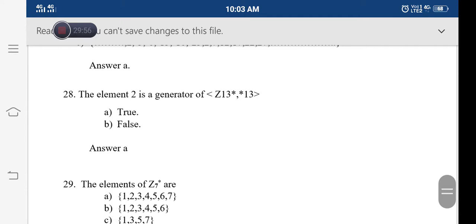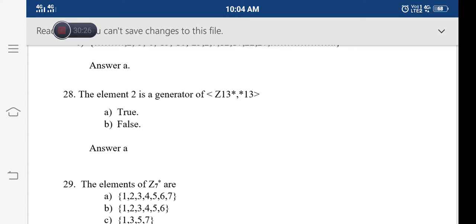Next question. The element 2 is a generator of Z13 star. The answer is true. To check whether 2 is a generator, you can make use of the cyclic group concept. That is 2 to the power 0 mod 13, 2 to the power 1 mod 13, 2 to the power 2 mod 13, 2 to the power 3 mod 13, like that you can proceed.